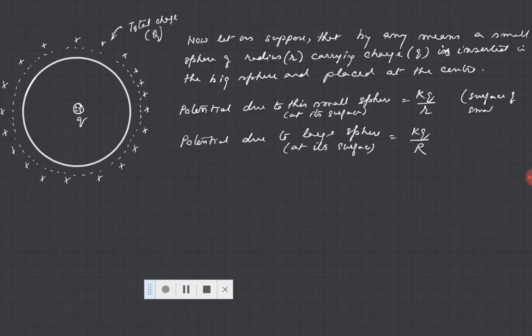Now taking both the charges small q and capital Q into account, we have for the total potential and the potential difference its values. Now kq by small r resides on the surface of the small sphere and kQ by capital R resides on the surface of the large sphere.